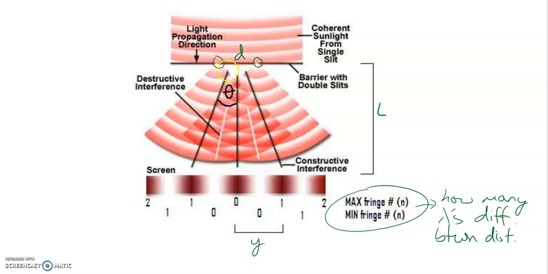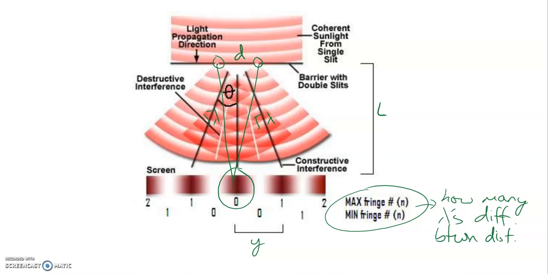If we go right in the middle here, if this distance is, let's say, 5 wavelengths, that one would also be 5 wavelengths. 5 take away 5 is 0. It's perfectly symmetrical right in the middle, so the fringe number is 0 because it's the same number of waves.